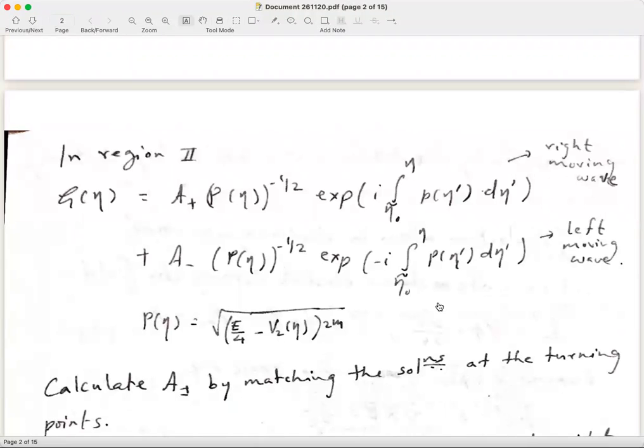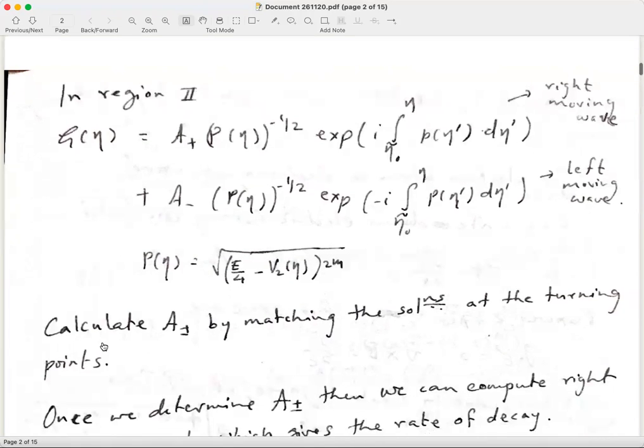Here p is such that the potential V2 is less than E by 4, and therefore (E by 4 minus V2) times 2m is positive definite, so the square root does not give you any factor. The plus and minus i have already been pulled out in switching the positions of V2 and E.